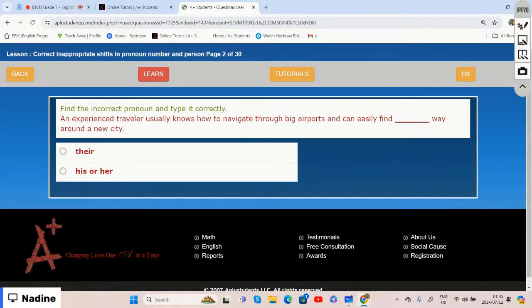An experienced traveler, which refers to one traveler, usually knows how to navigate through big airports and can easily find, do we say, their way around the new city, or easily find his or her way around a new city? An experienced traveler.